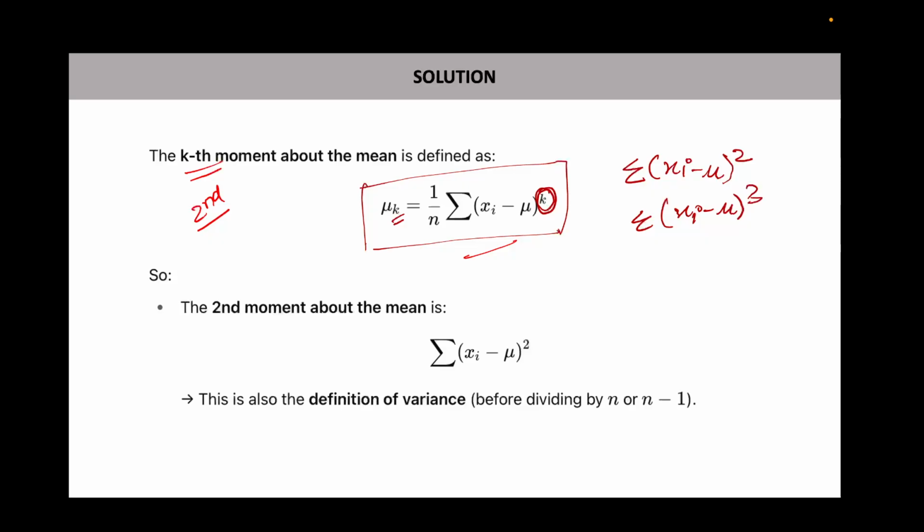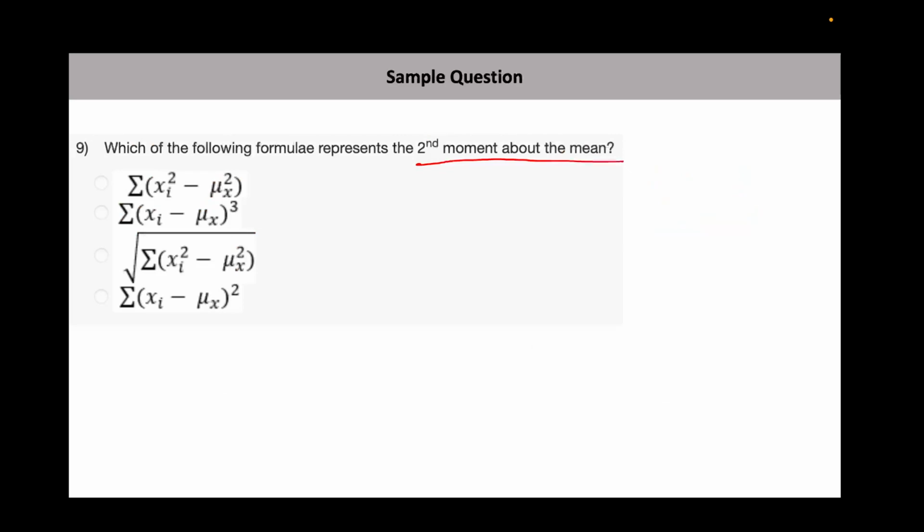Okay, so if you go back in the question, it is asked about which of the formula represents the second moment. We are talking about which part represents. So, of course, this cannot be true because this is not the form of the formula. In this case, this represents the third moment, okay, and not the second moment. This will again be wrong because this is not the part of the formula.